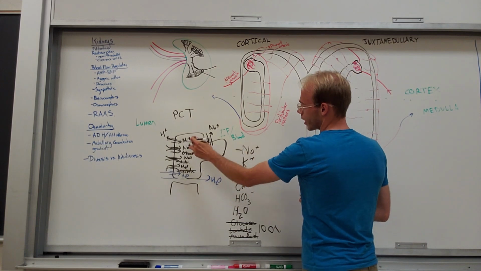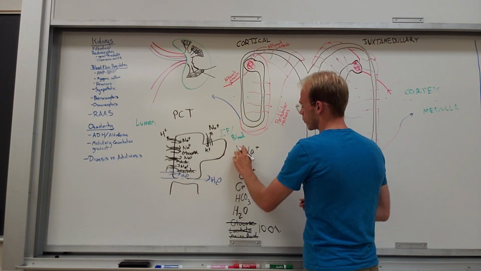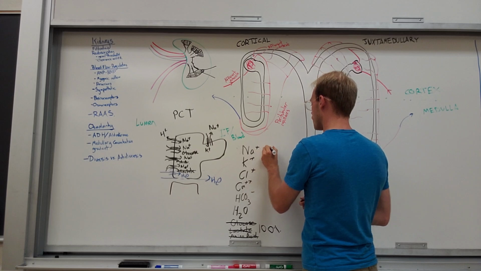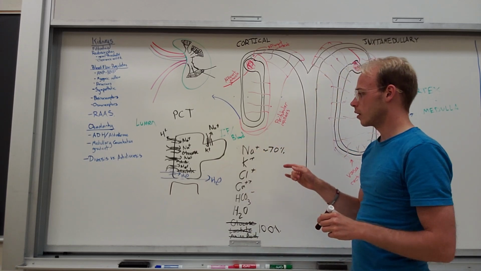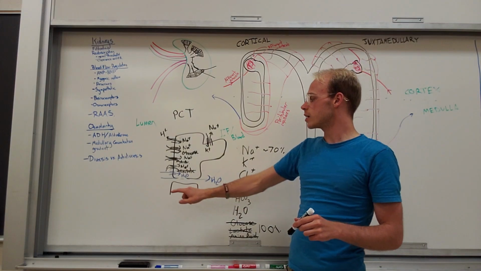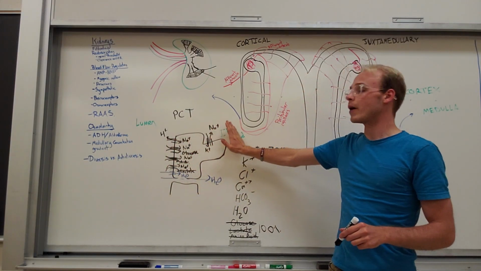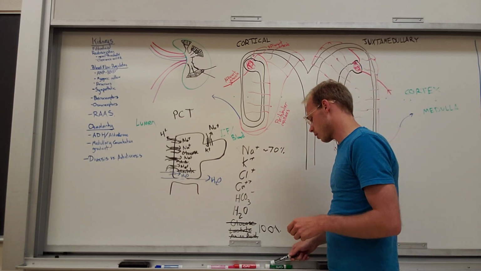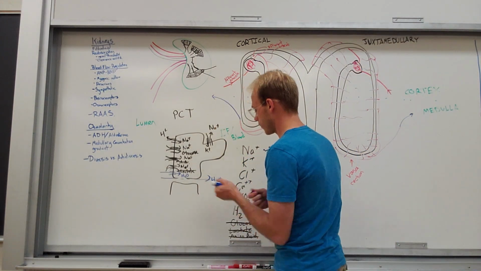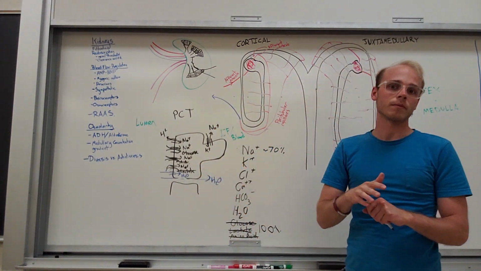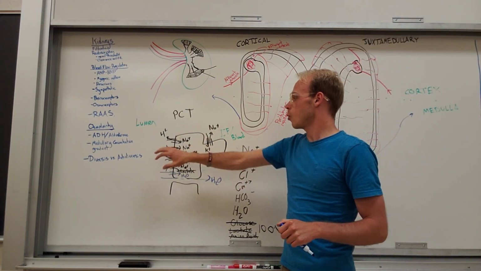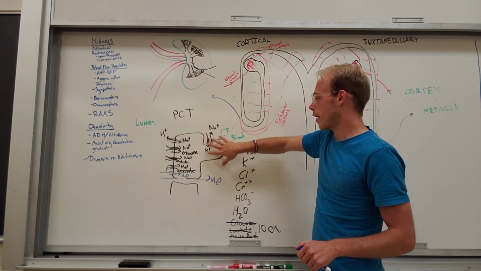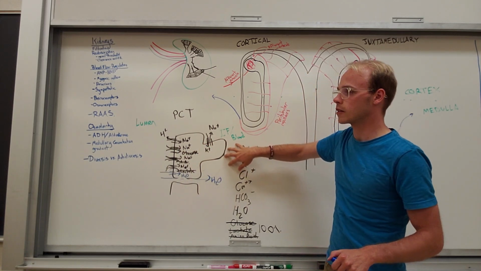Because of all of the times that we use sodium for all of these transports, we end up pulling about 70% of the sodium that gets pushed into the lumen back into the blood. So 70% of the water too, because water will follow sodium. Water follows areas where there's high concentration of solutes. We're pulling stuff out of here, putting it into the interstitial space and into the blood.